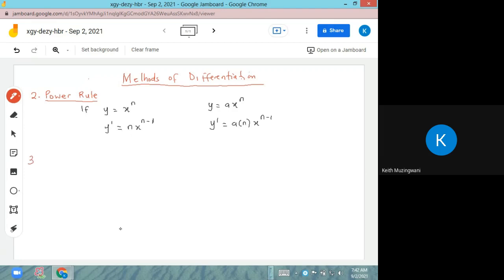Third, we look at chain rule. This is a summary of all the rules.